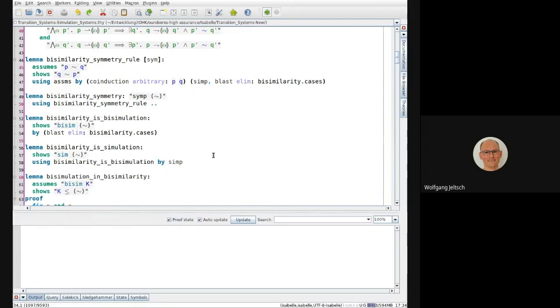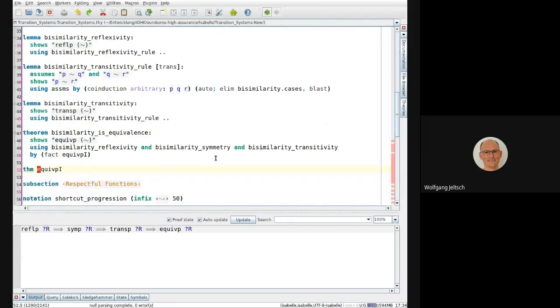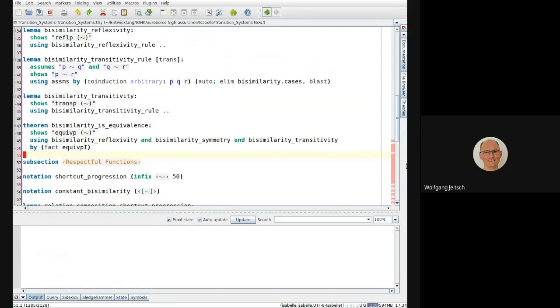And then transitivity, which is here. Okay. So bisimilarity is an equivalence for transition systems, not generally for simulation systems.